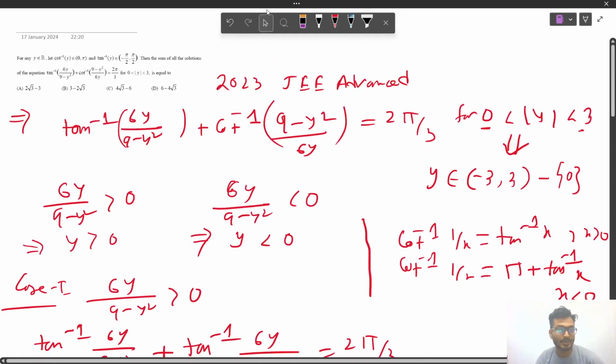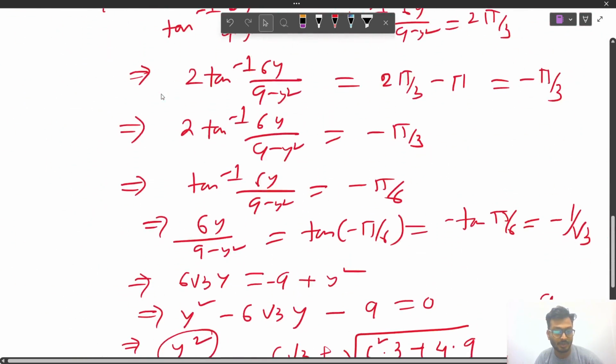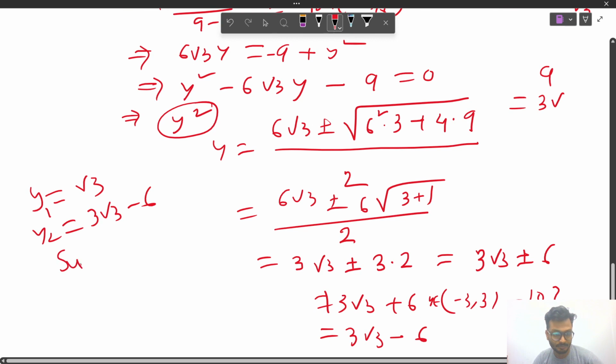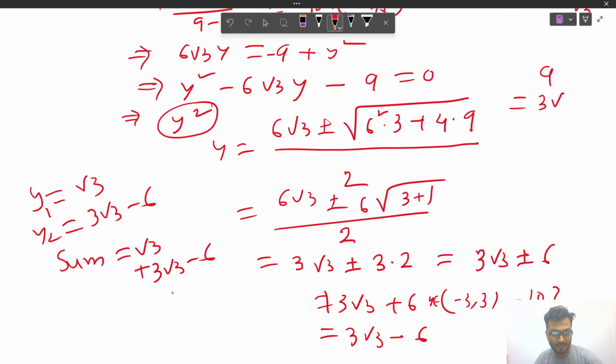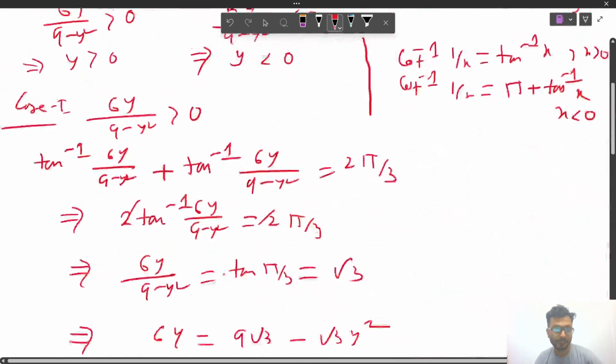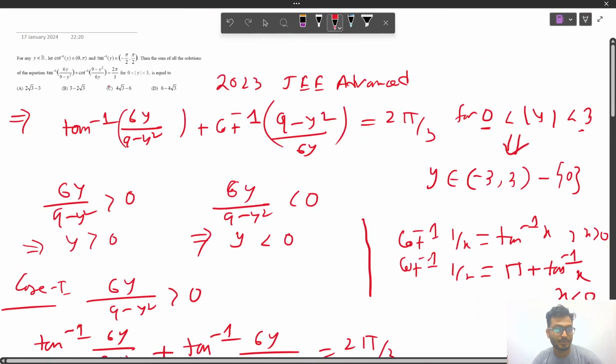As asked in the question, the sum of all the solutions will be root 3 plus 3 root 3 minus 6, that is 4 root 3 minus 6.